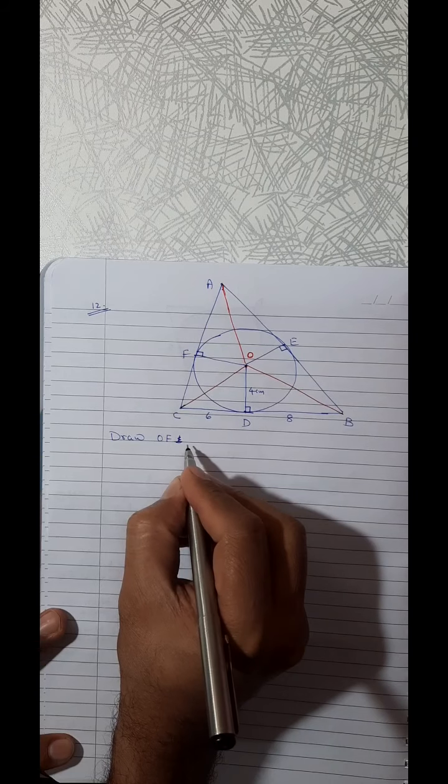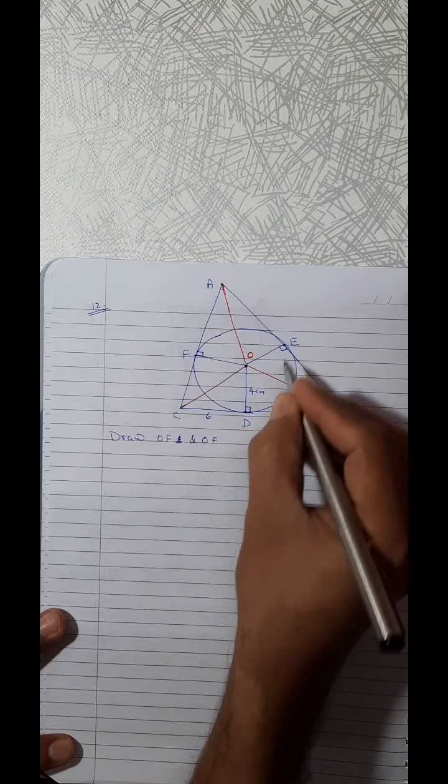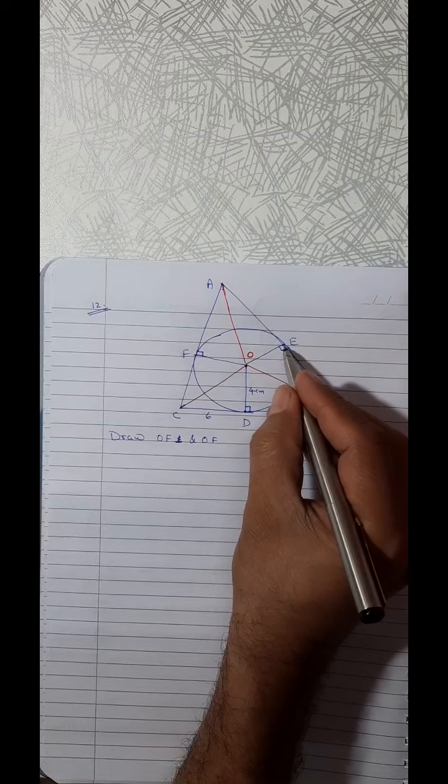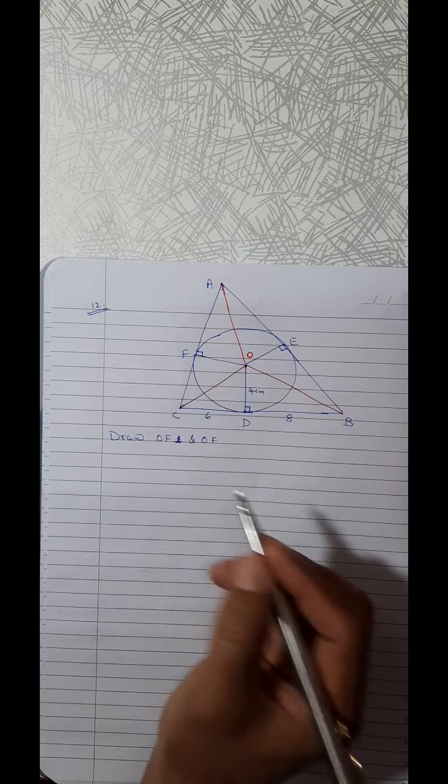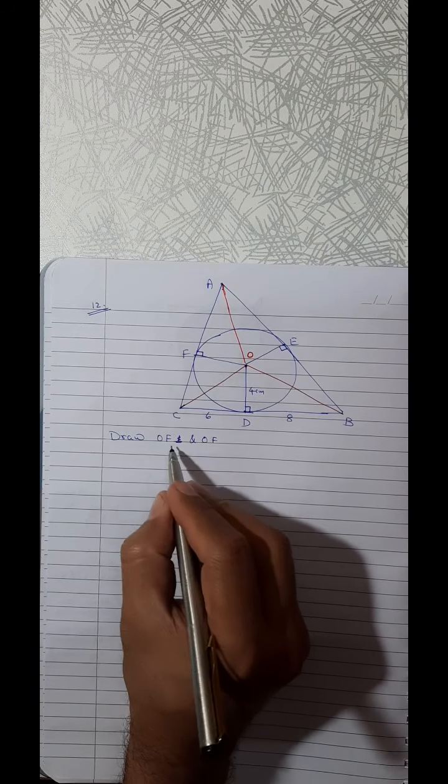Draw OE and OF. Automatically they will be perpendicular when joined to the point of contact.